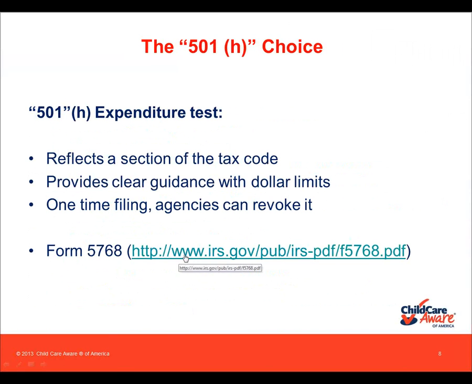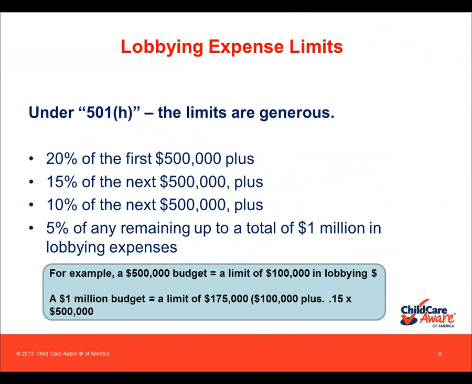So the form is, again, 5768, and that is the 501H expenditure test that can make it completely legal for you, as a nonprofit, to participate in lobbying activities if you're within your agency's limit.